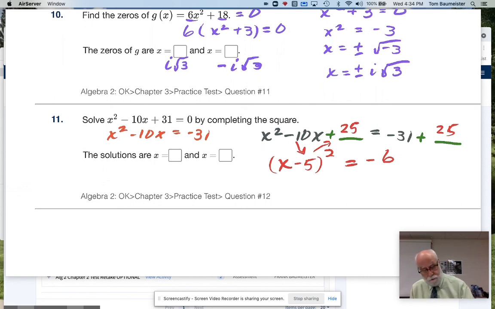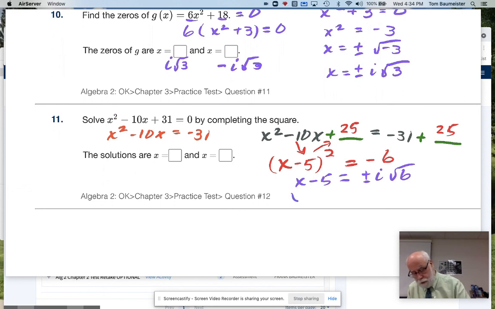So to get rid of a square, I'm going to square root it. And since we are in algebra 2, we are going to put plus or minus the square root of -6. Now, since it is a negative under there, start thinking to yourself, can I just pull out an i and put it like that? Okay.